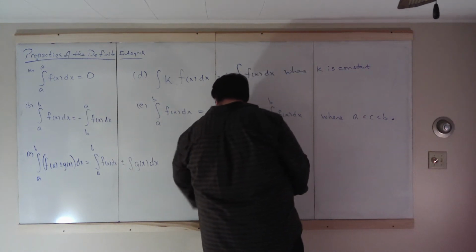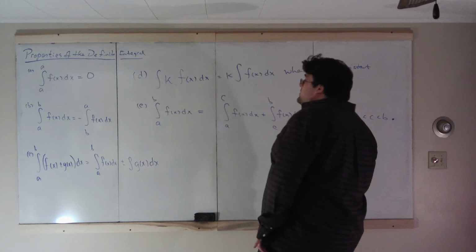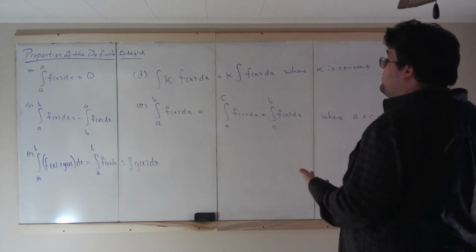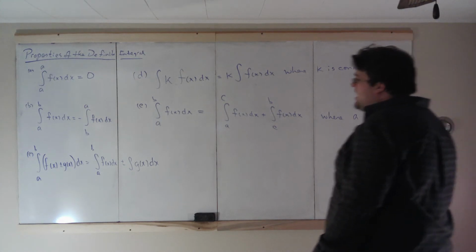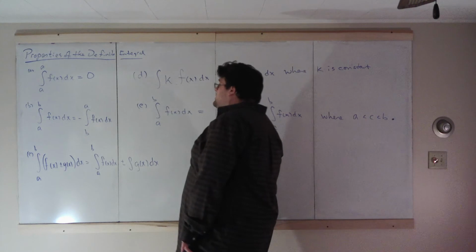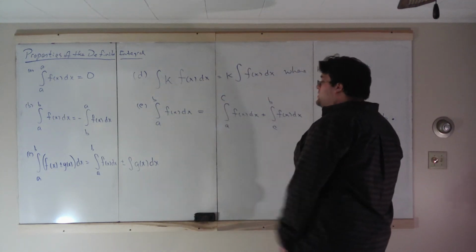Next, the integral from a to b is the negative of the integral from b to a. So if you flip the bounds around, it becomes a negative. Now, why is that? That's because of the delta x portion, or the dx portion.